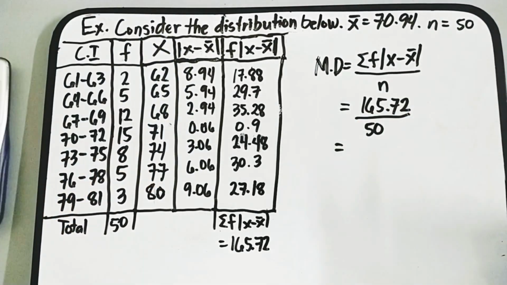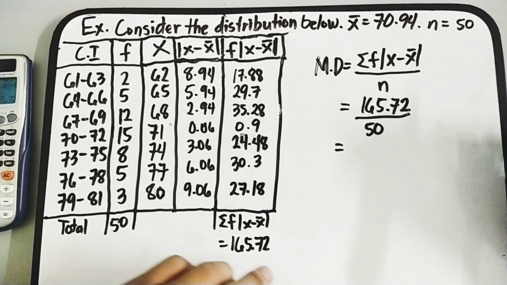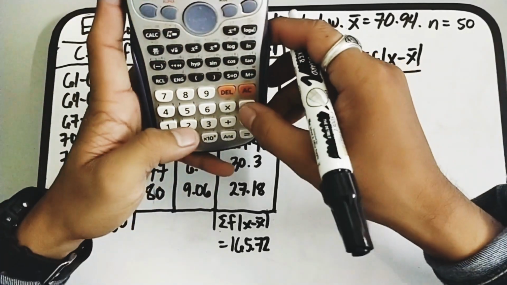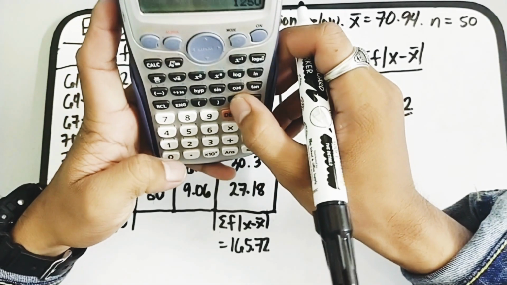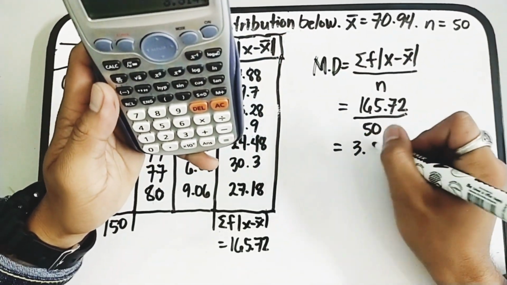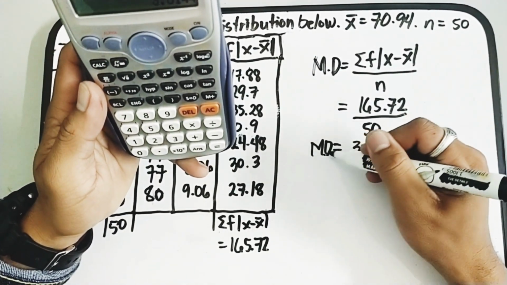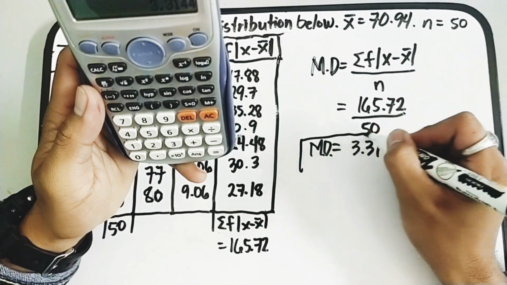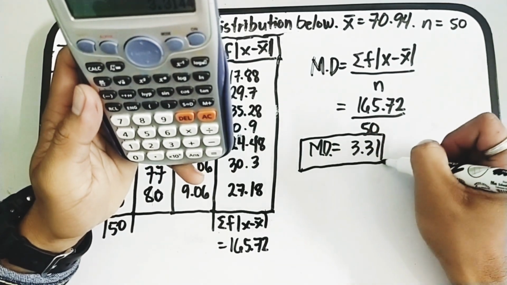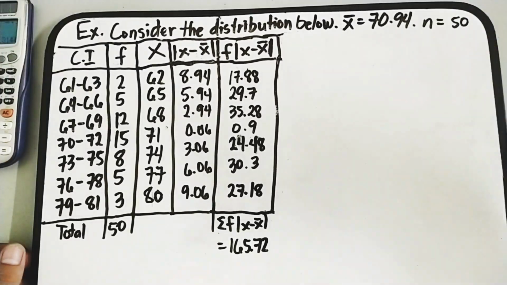Therefore, our mean deviation, divide natin to by 50, the answer is 3.31. So, ganito yung pagkuha ng mean deviation sa group data. Mean deviation, 3.31. Kuha na natin yung kanyang mean deviation sa ganito.